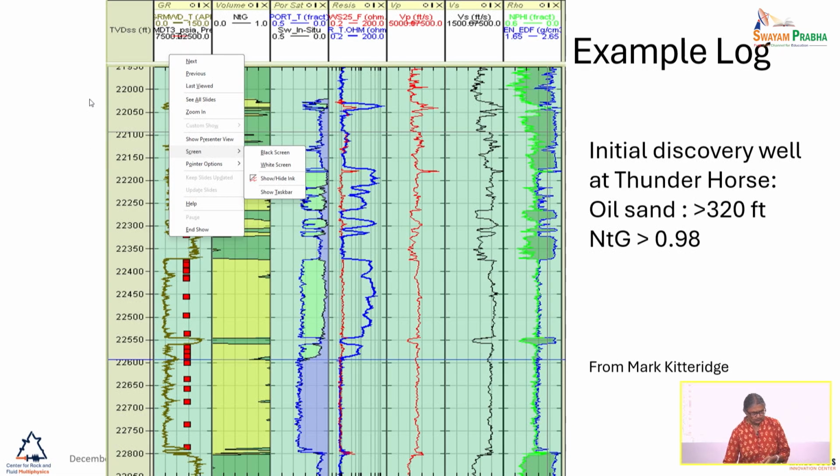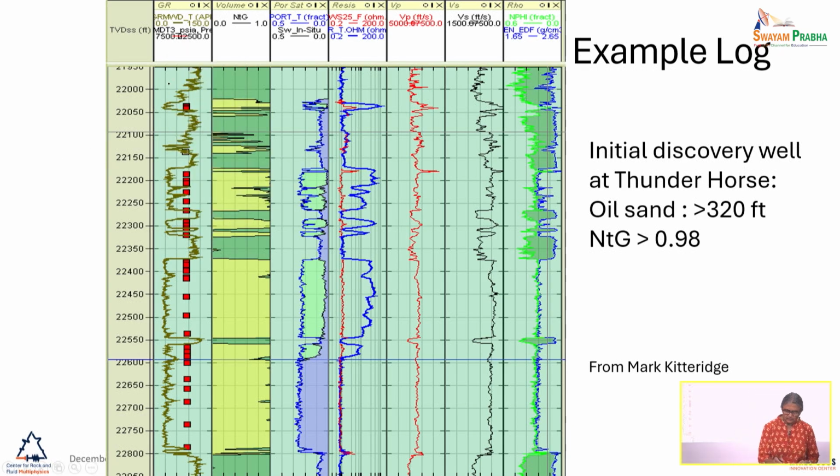So what we have here, this is the lithology. This is just the volume net to gross, how much shale there is. If the lines are all the way to the left, that means there's very little shale, very little clay minerals present, which means all of this is pure sand, clean sand.